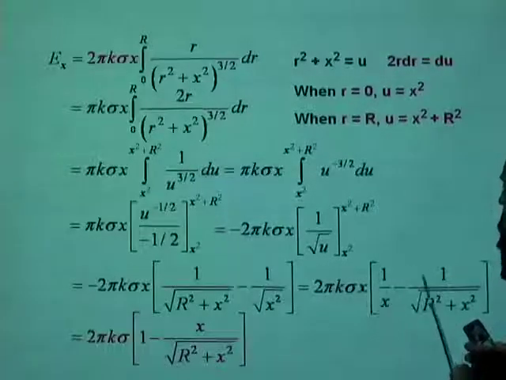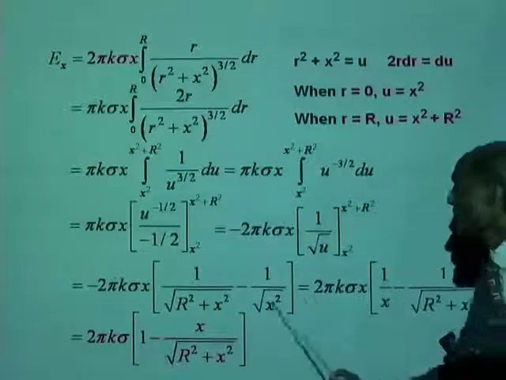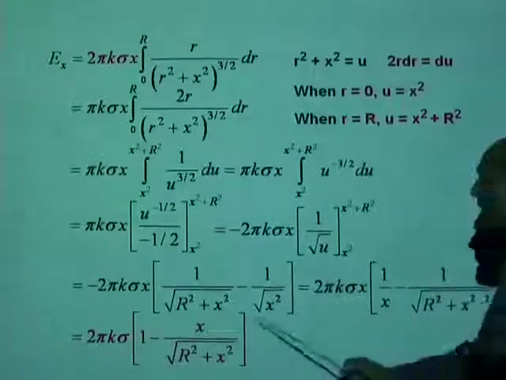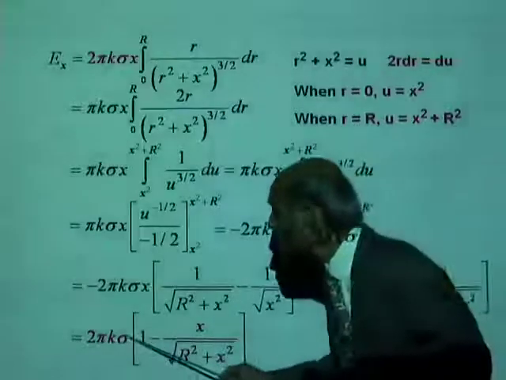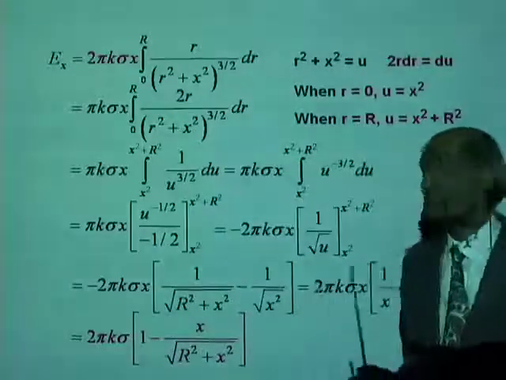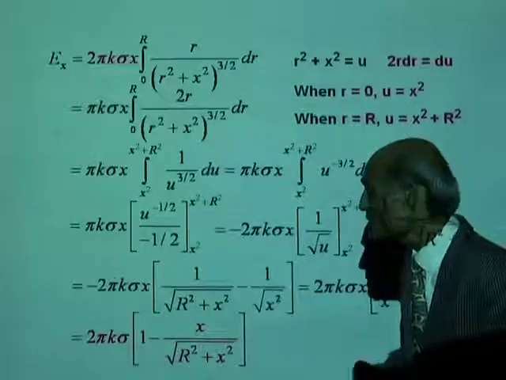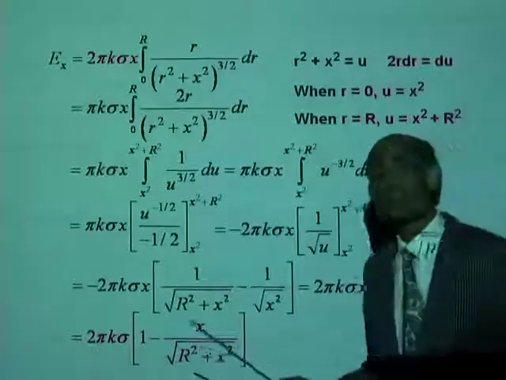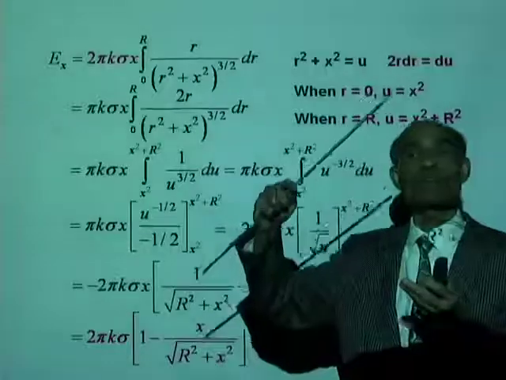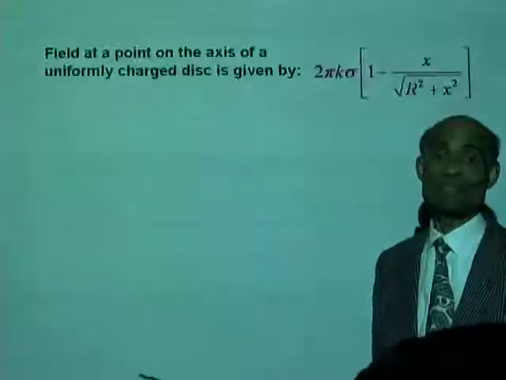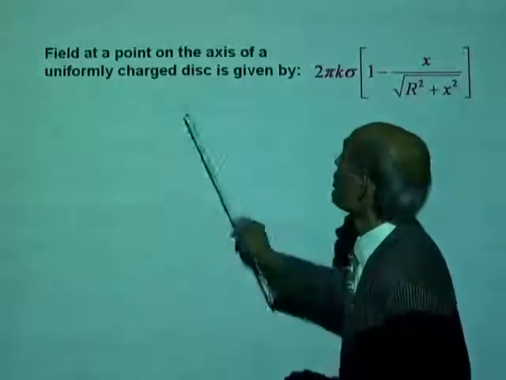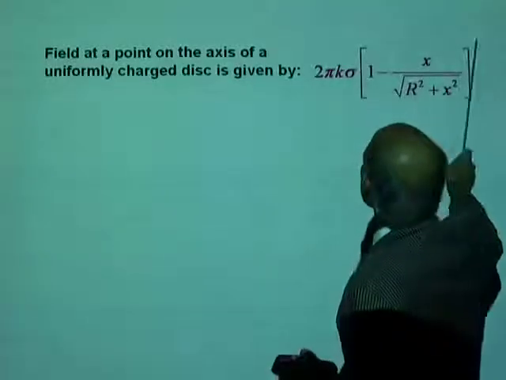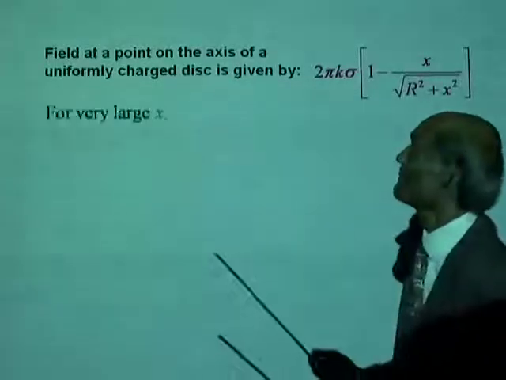When the x is taken in, x divided by x is 1, and that x stays on the numerator. Here sigma is the surface charge density, R is the radius of the disk, and x is the distance of the point from the center of the disk. The field at a point on the axis of a uniformly charged disk is given by this formula.